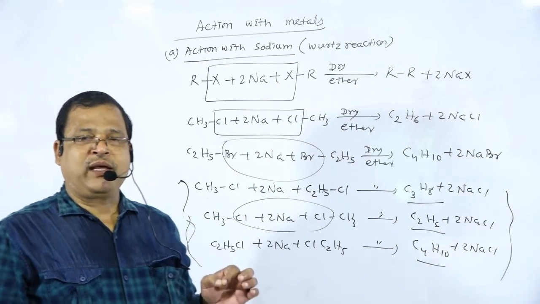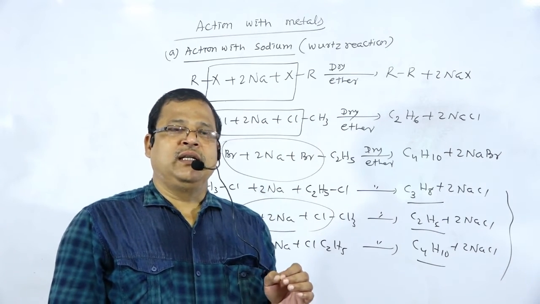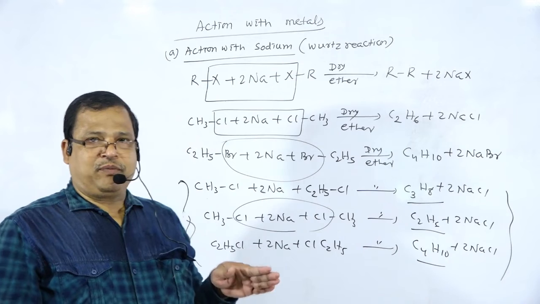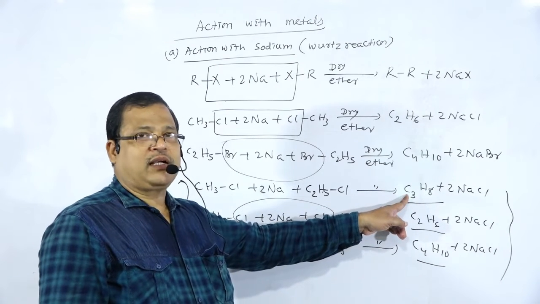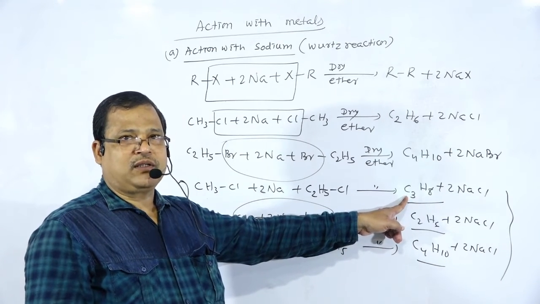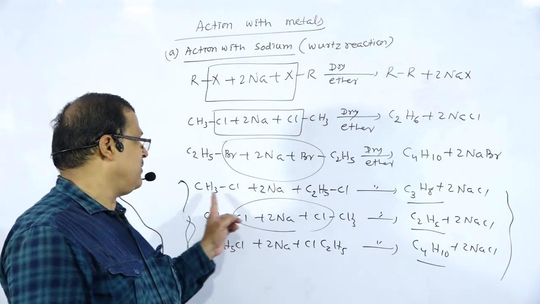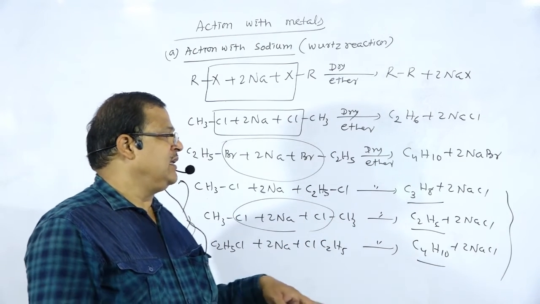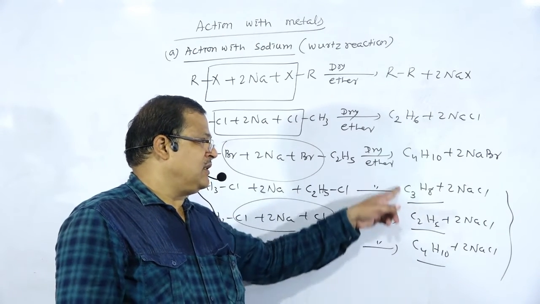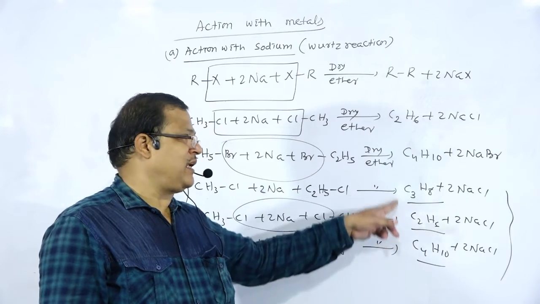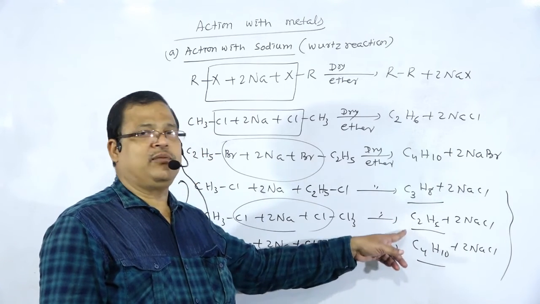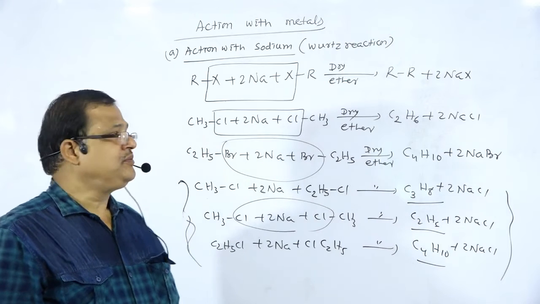But the drawbacks of this method are that methane cannot be prepared, and alkanes with an odd number of carbon atoms cannot be prepared by this method. If you take different kinds of alkyl halides, a mixture of alkanes is formed, which is difficult to separate.